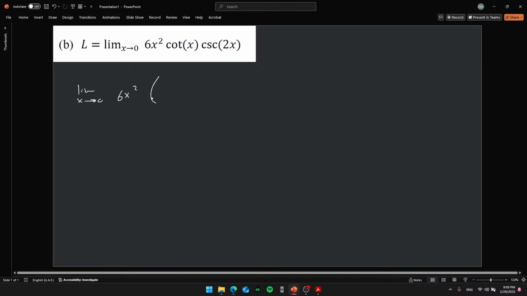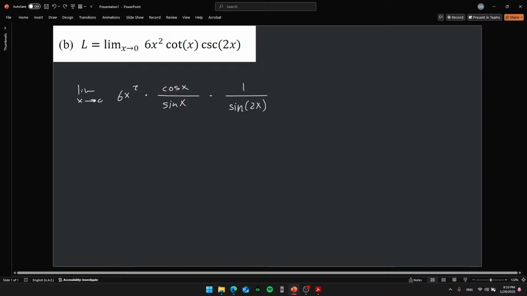Cosine, we can rewrite it as cosine x over sine x times 1 over sine 2x. Now I said let's multiply the top and bottom by x squared, but we already have x squared. So why multiply the top and bottom by x squared when you already have x squared?